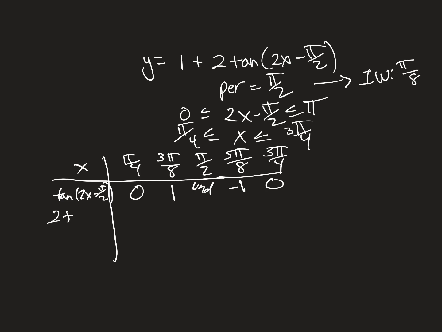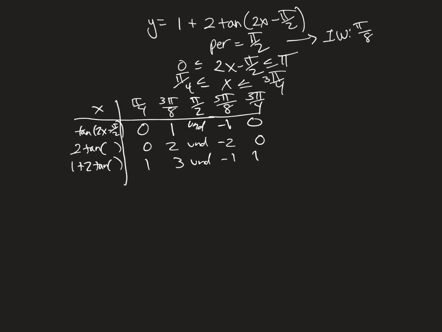Multiplying those values by 2. So 0, 2, undefined, -2, 0, and adding 1. So 1, 3, undefined, -1, 1. All right, so let's just graph 1 or 2 periods here. So the interval width, remember, was pi over 8.